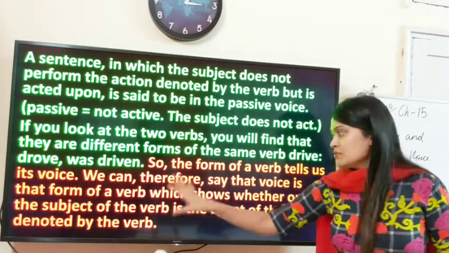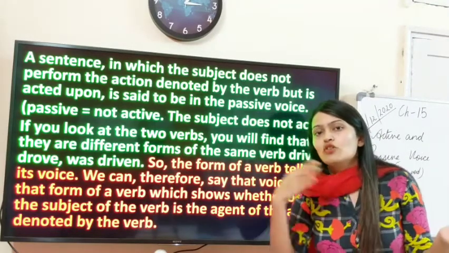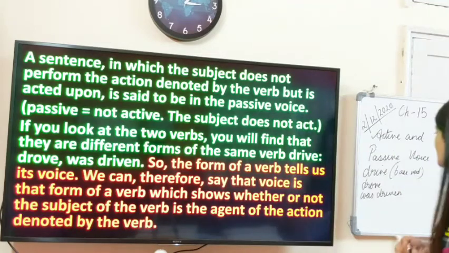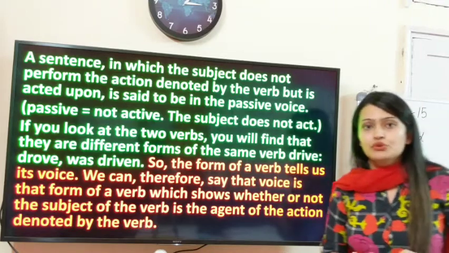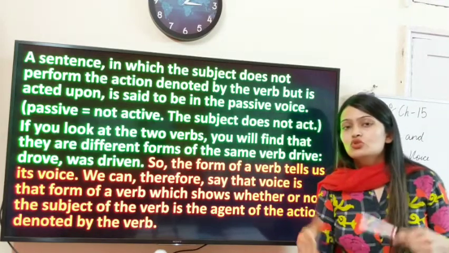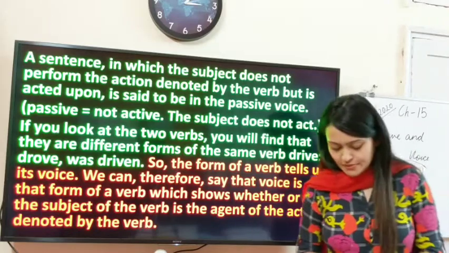The meaning of this is, children, we come to know whether it is active voice or passive voice just by the form of verb used. How? We will be coming to know the kinds of verb forms in the next explanation.